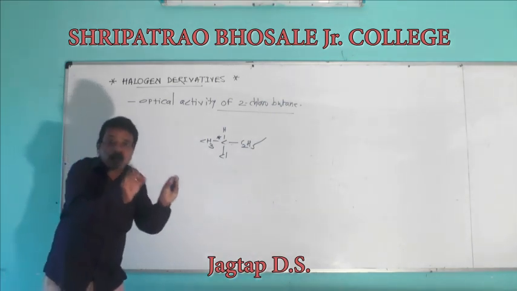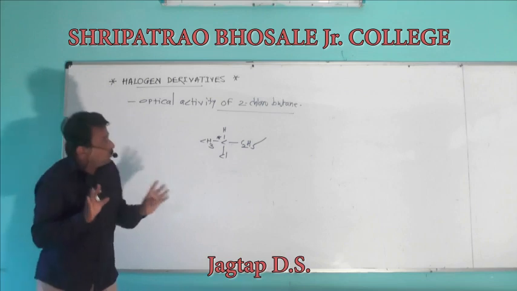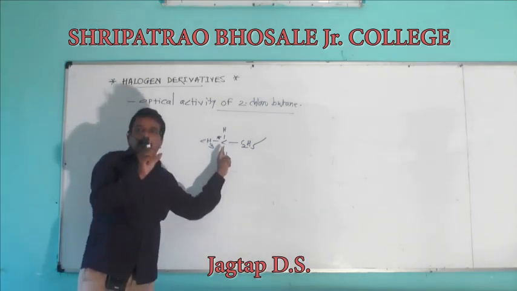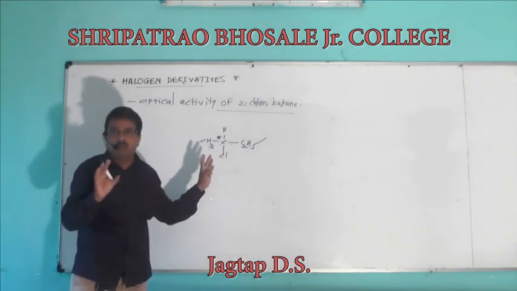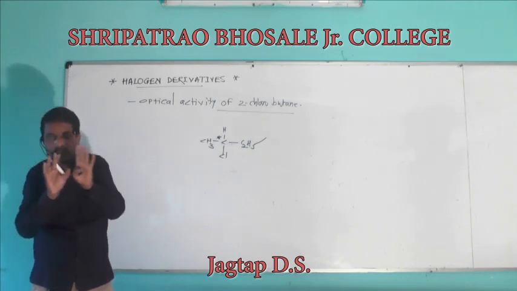Such compounds are optically active. If a compound contains at least one chiral carbon atom, it rotates plane polarized light towards the right or left side.